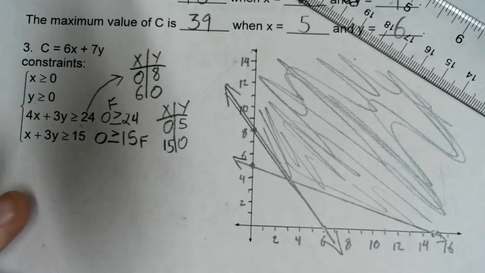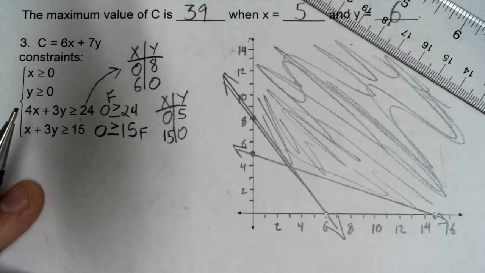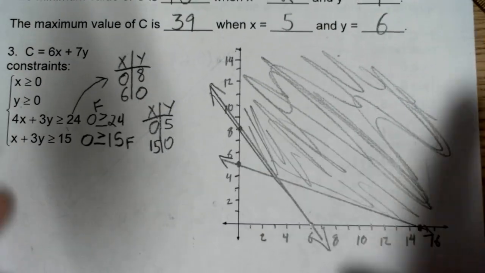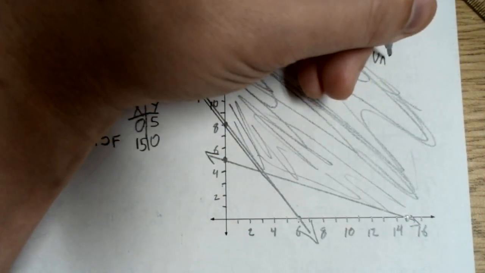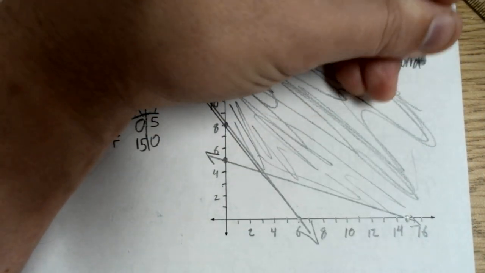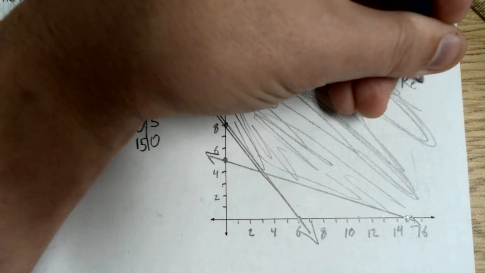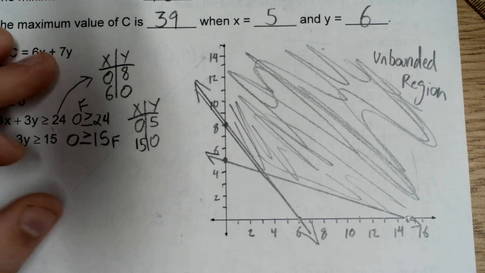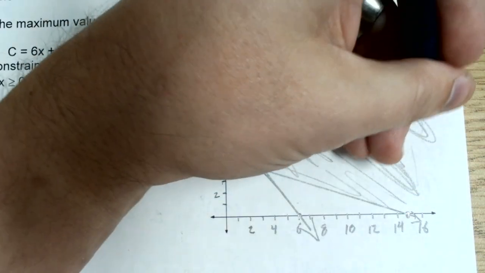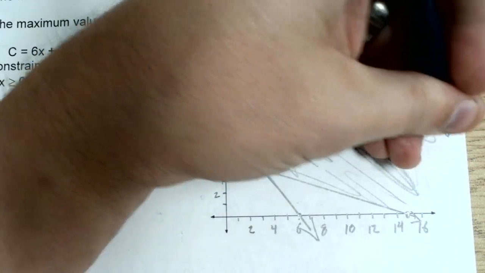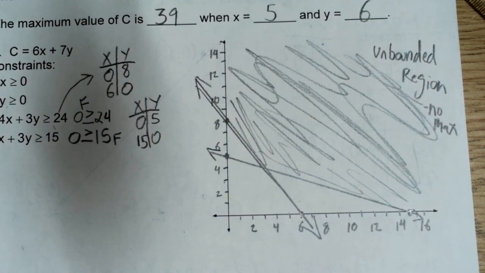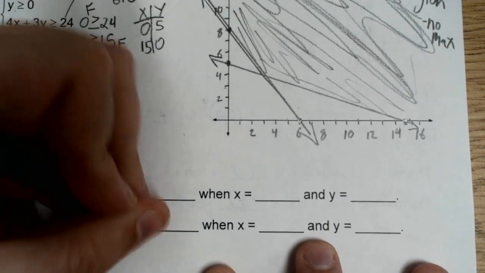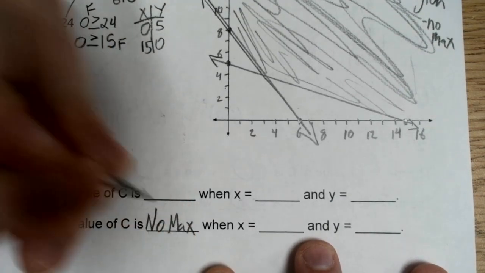And when we look at this, this is what we'd call an unbounded region, which just means that there is no maximum, because this could keep going up and up and up forever. So with there being no maximum here, I can just write down at the bottom, no maximum.